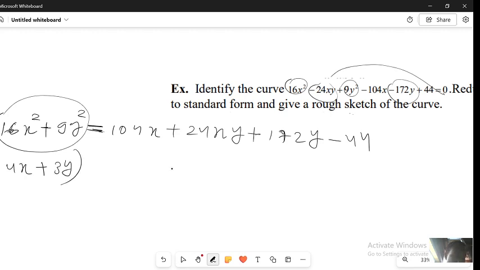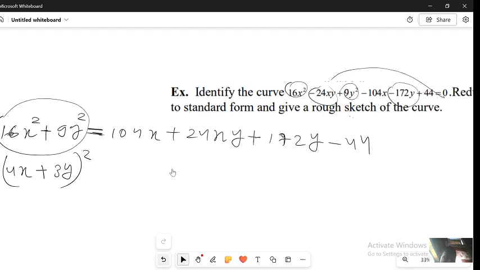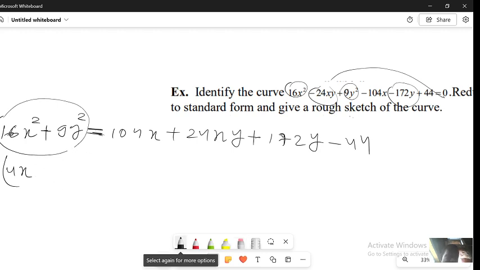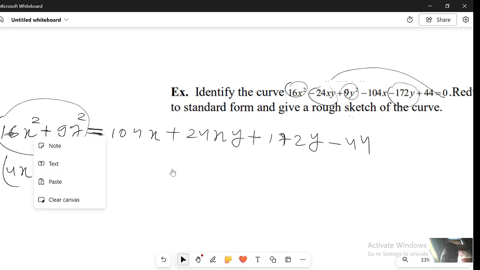But the problem is, since I have this term, it cannot be directly this one plus 3y square, because if I develop it, it will not match. So I will directly have 4x minus 3y square.